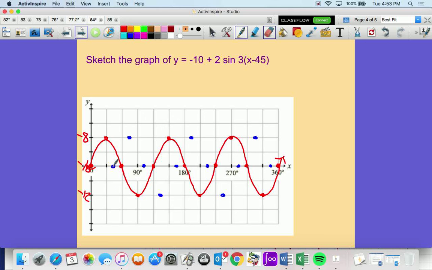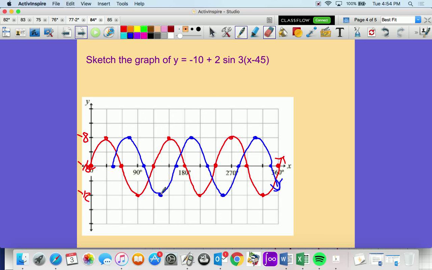Alright, so what we know is we know this part here. Okay, over here it's not going to get all the way down to negative 12 by the time you get to 360, so we can just put an arrow going that way. Over here, remember each wave is 120 degrees. Okay, so this one here is halfway in between 120 and 150, so 135.